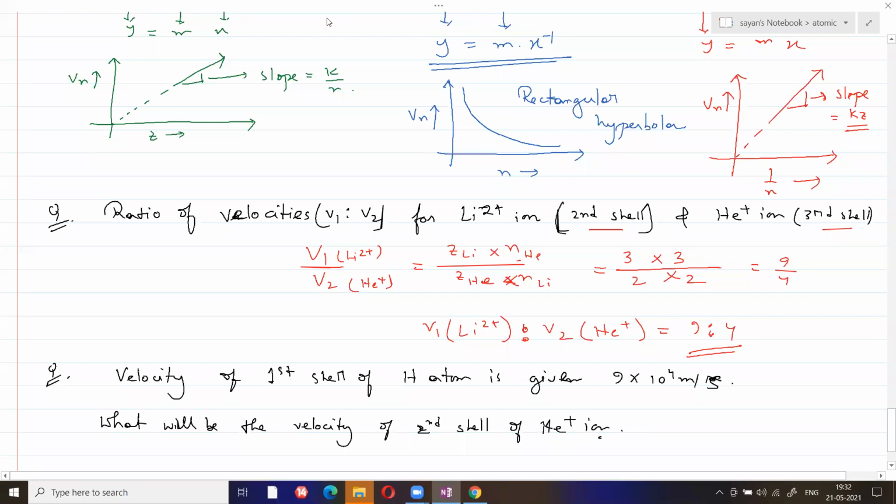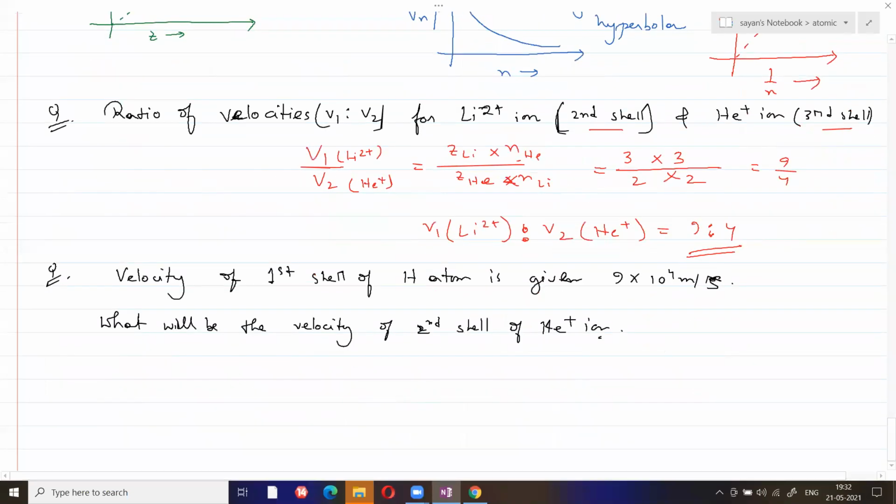Completed. Again same thing. v1 means v for hydrogen, v for helium. That you have to find out. z of hydrogen, z of helium, and n of helium, n of hydrogen. Look, v for hydrogen, this value is given 9 into 10 to the power 4.